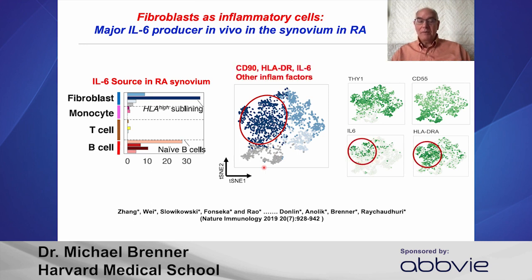What's important about this population, in addition to it being in the sublining, is that it's the population expressing almost all the IL-6 and HLA-DR, which is upregulated as part of antigen presentation. So there's an inflammatory population because it's expressing all the IL-6 that's present in the RA synovium.